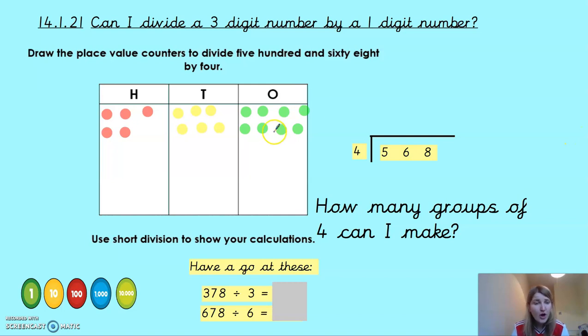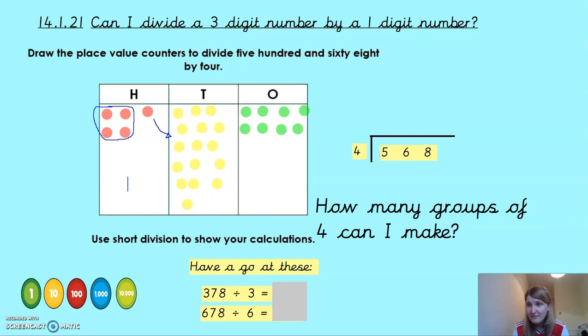How many groups of 4 can I make out of 5? Nice and easy. I can see I've got 1 equal group there. Yep. And then I've got 100 left over, which I'm going to transfer. Remember, 100 will be the same as 10 tens. So 1, 2, 3, 4, 5, 6, 7, 8, 9, 10.